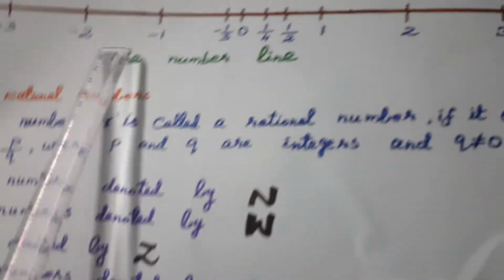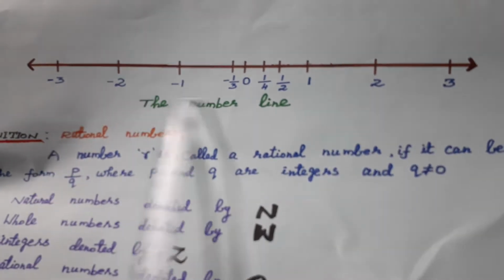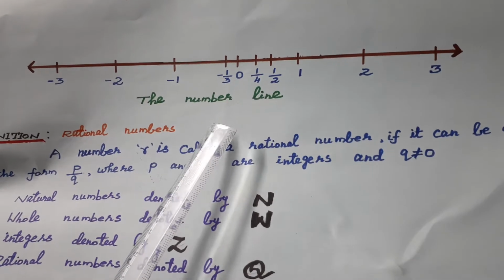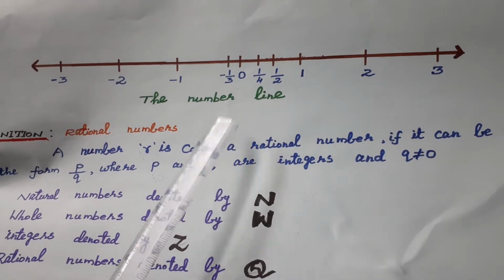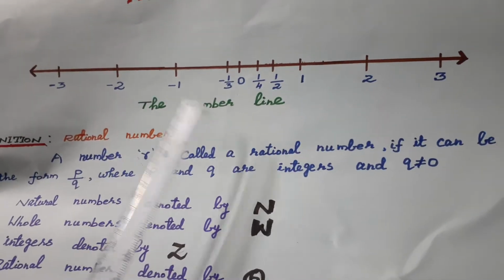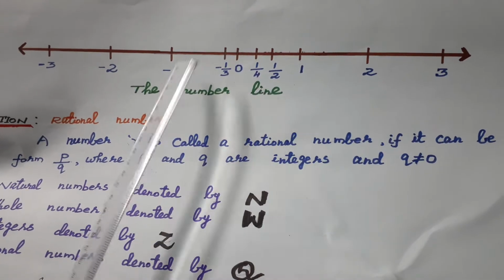See the chart. This is the number line. Here we can mark natural numbers, whole numbers as well as rational numbers on the number line.